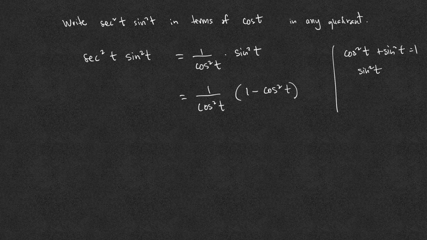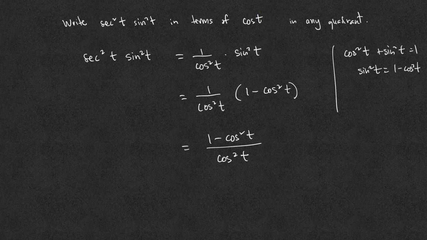Isolating sine squared of t, we have sine squared of t equals 1 minus cosine squared of t. And so this is 1 minus cosine squared of t over cosine squared of t. We want to leave it in this form because this is in terms of cosine of t.